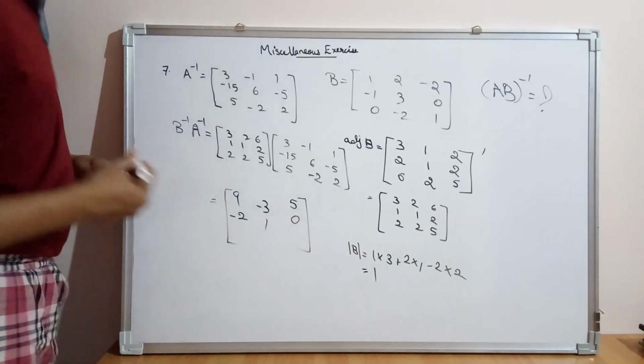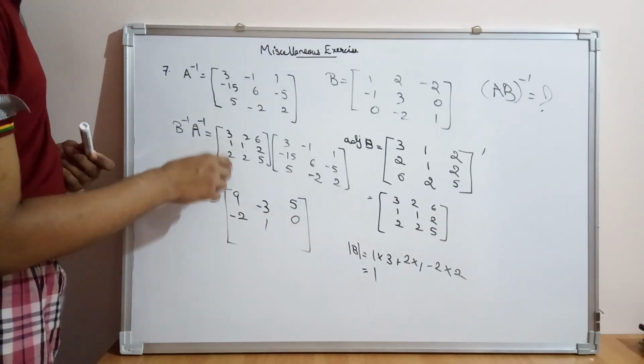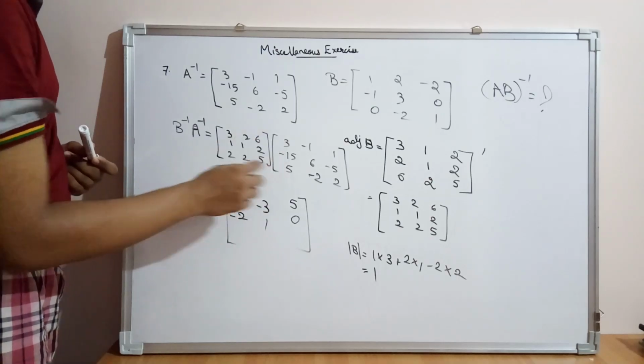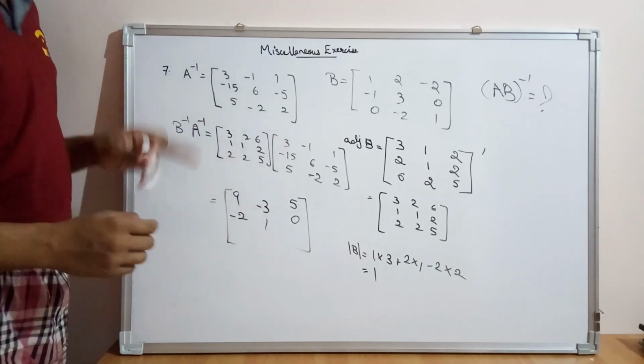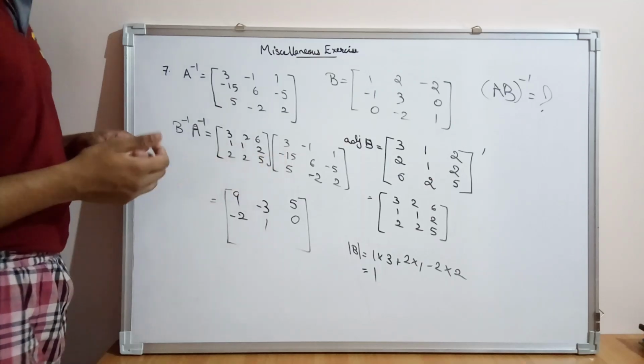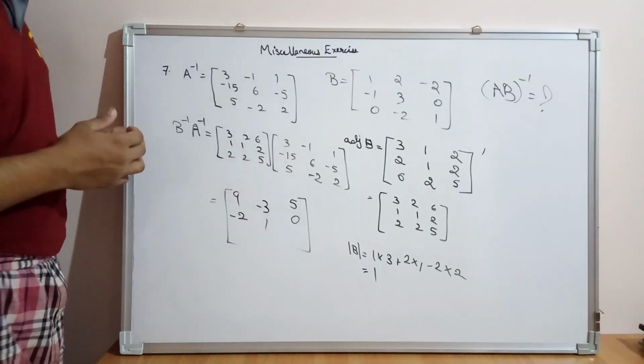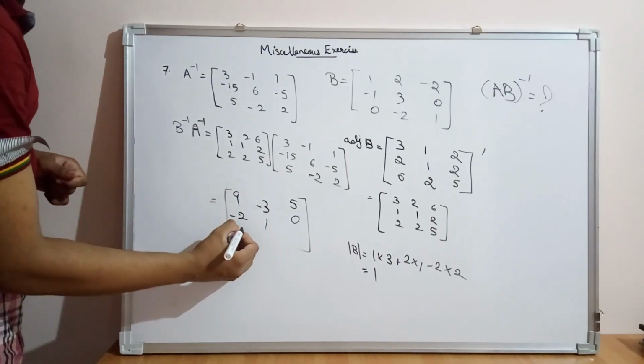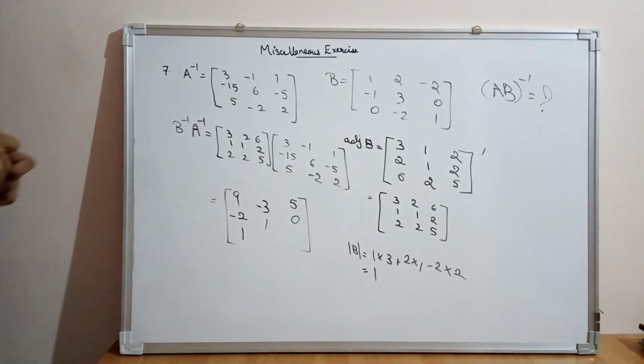Then in this position, third row, first column: 2 into 3 is 6, 6 minus 30 is minus 24, minus 24 plus 25, so we get 1 here.